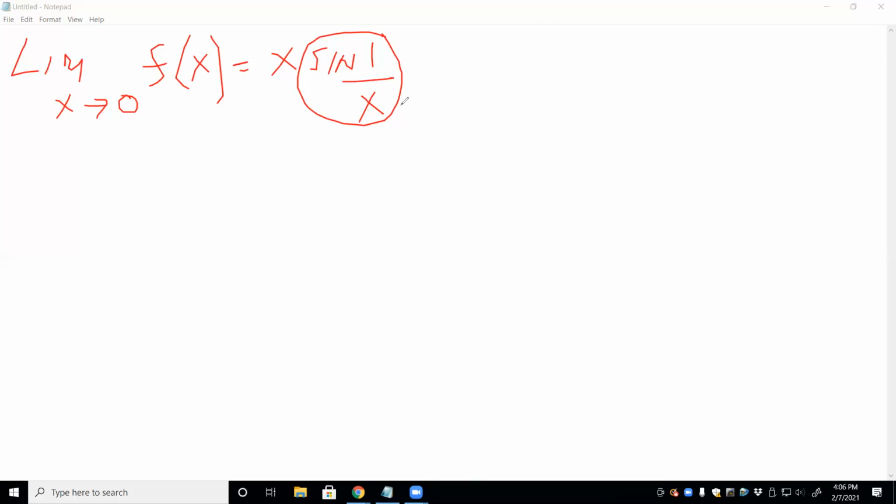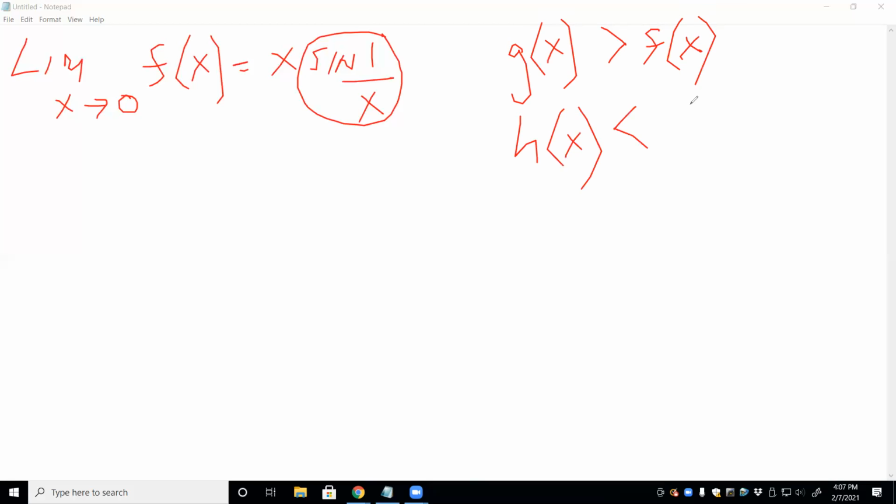But the secret is going to be to find a g of x that's always greater than f of x, and to find an h of x that's always less than f of x. And for g of x and h of x, you will be able to figure out the limit as x goes to 0.